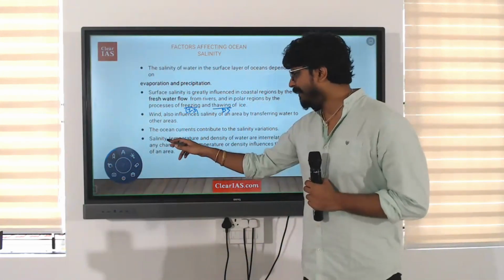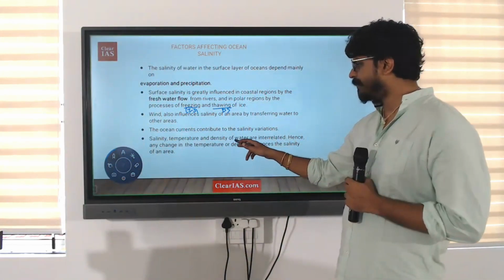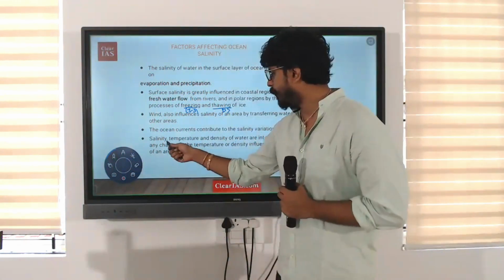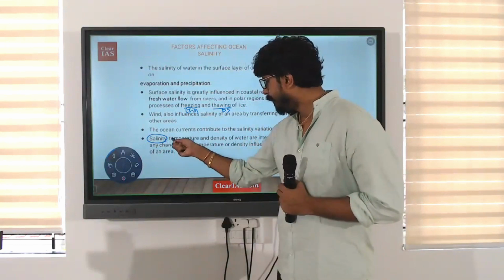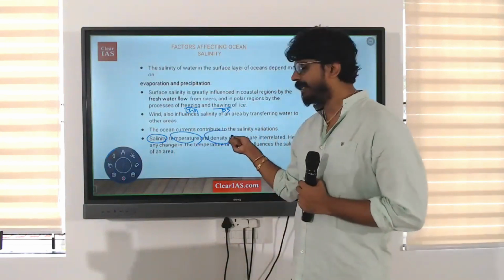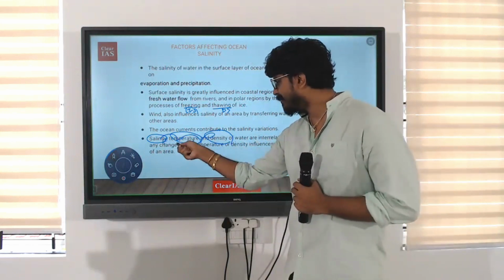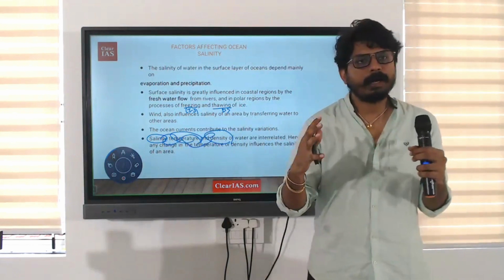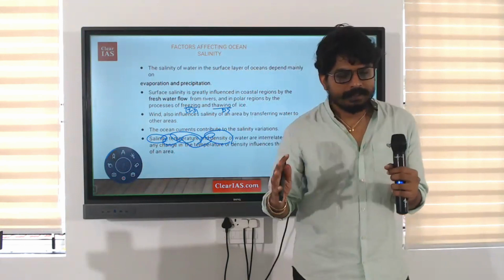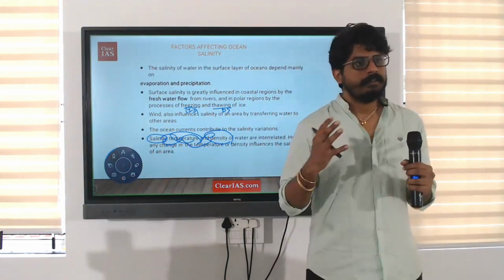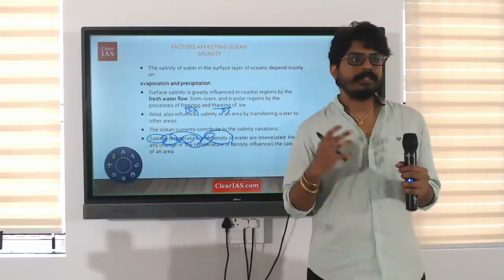Then salinity, temperature, and density. These are the three factors of the ocean that we are going to study. And all of them are like brothers and sisters, meaning all of them are linked to each other. When the temperature changes, the salinity will change. When the salinity changes, the density will change.